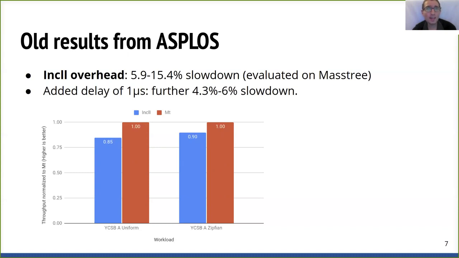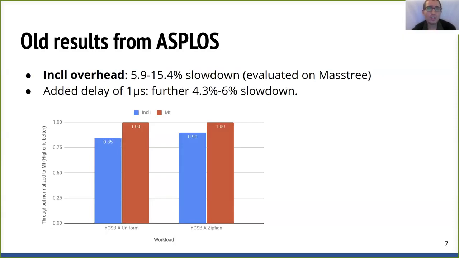For YCSB-A, even with an added latency of 1 microsecond, the performance of in-cache line logging decreased by 4% for the uniform workload and 6% for the Zipfian workload. To sum up, the overhead of in-cache line logging was reasonably low, and we had an implementation that was optimized for cache line flushes.